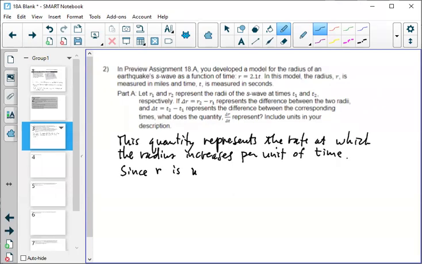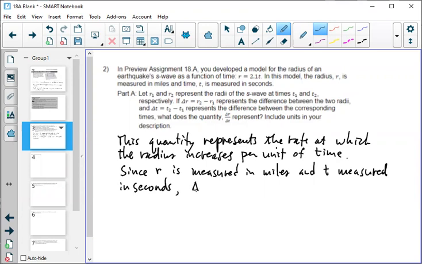Since R is measured in miles, we have T measured in seconds. Delta R over delta T is measured in miles per second.